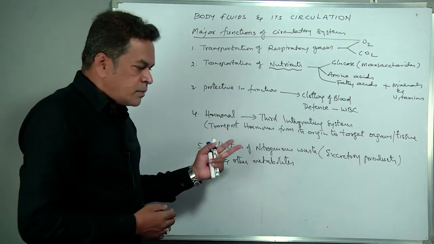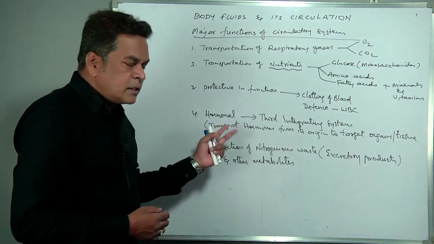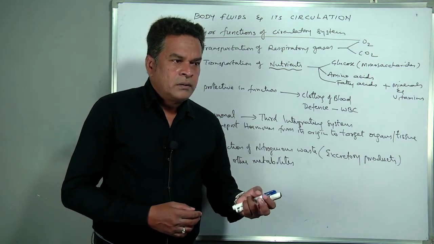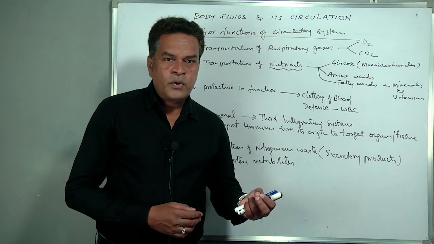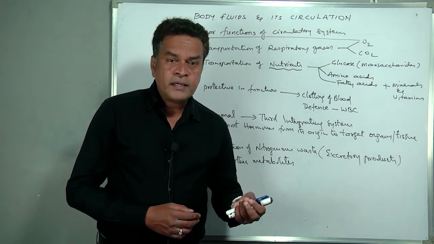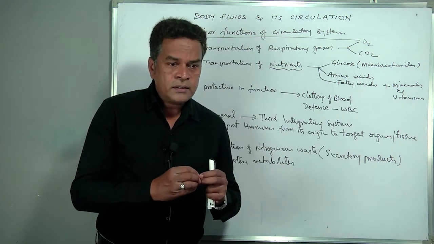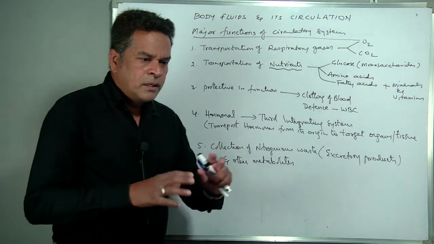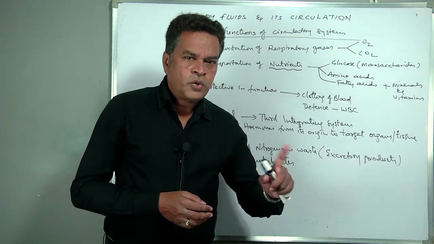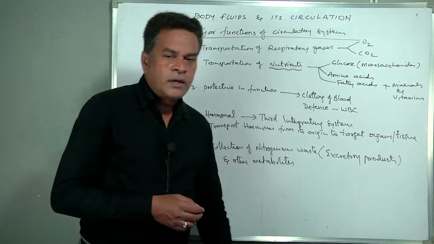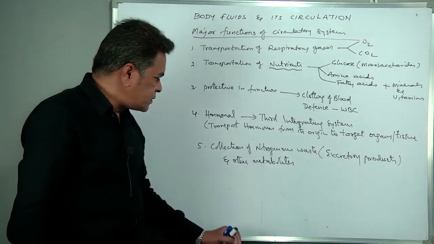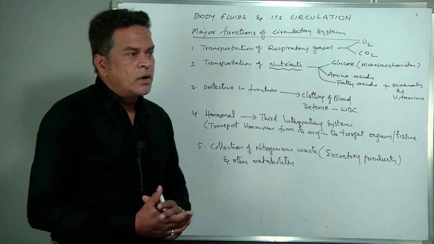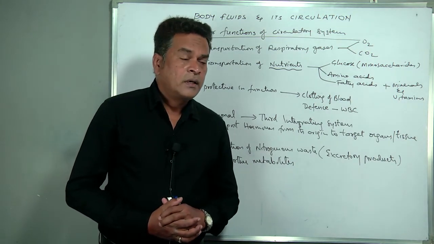Then the hormonal system. We are going to talk about the endocrine system in detail. In the endocrine system, different hormones are produced by the endocrine glands, the ductless glands, and these hormones are poured directly into the blood. That means the hormones are transported through the blood, and they show their effects on the targeted tissues, cells or organs. First of all, we try to understand how important the circulatory system is.